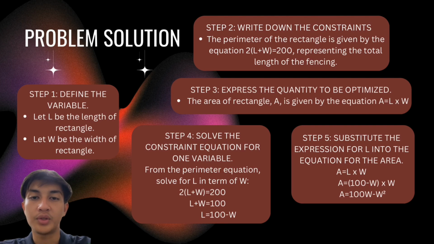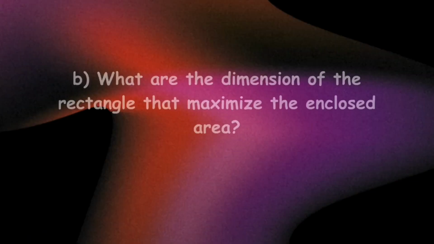We divide 200 by 2 and we get 100 is equal to L plus W. We put L as the subject and change the position of W, and it will be L is equal to 100 minus W. So, the last step is substitute the expression for L into the equation for the area, A is equal to L multiplied with W. We substitute the L value, 100 minus W, and solve the equation and we will get A is equal to 100W minus W squared.